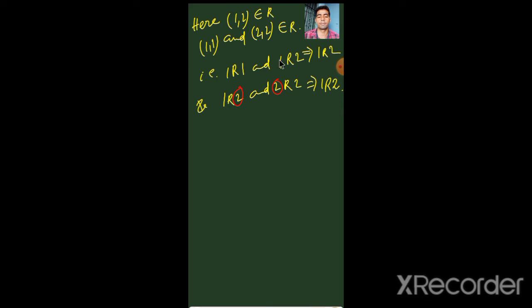These two elements are the same, and therefore by the definition of transitivity we can say that R is transitive. This is also true for the elements (3,4) and (4,3).